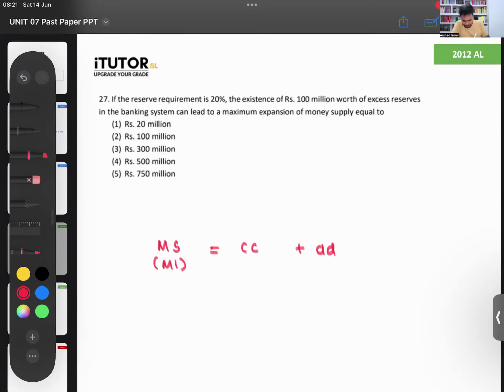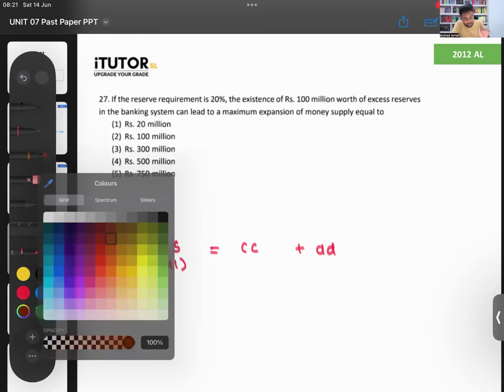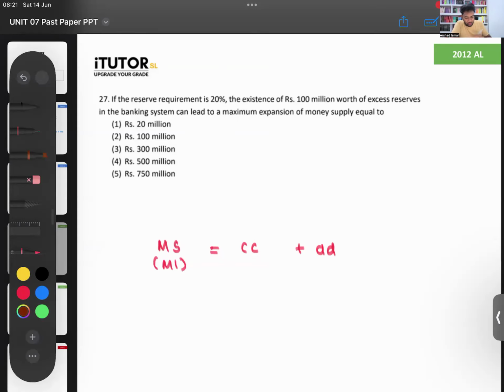But here, how do you figure this out? Now, when there is an existence of 100 million, this is a banking system. So that means the deposit multiplier will now come into effect. The banking system has 100 million of excess reserves.